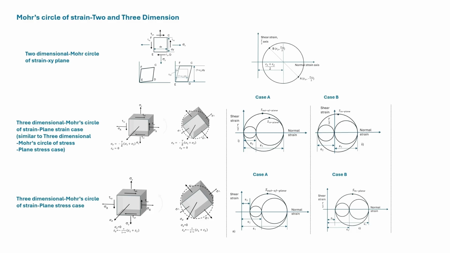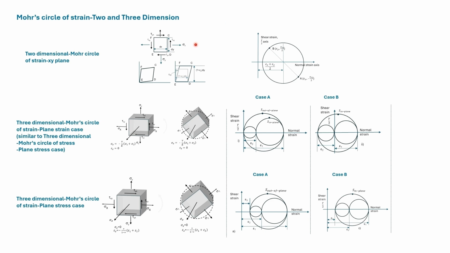We take an overall look at transformation of strain in 2 and 3 dimensions. We mainly use the Mohr circle of strain. To start with, we look at the 2-dimensional case. Here we have a general case of an element subjected to stresses in 2 dimensions.